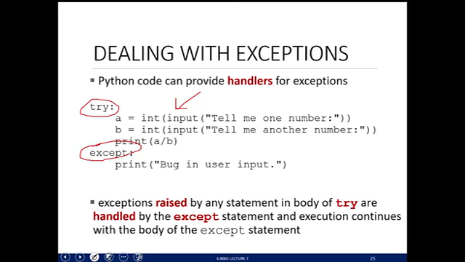And at that point, Python's going to ask, is there an except statement? And if so, this except statement is going to handle the error. It says, okay, an error came up, but I know how to handle it. I'm going to print out this message to the user.